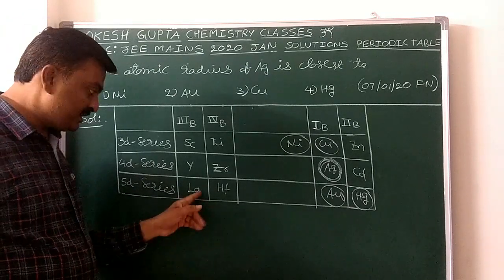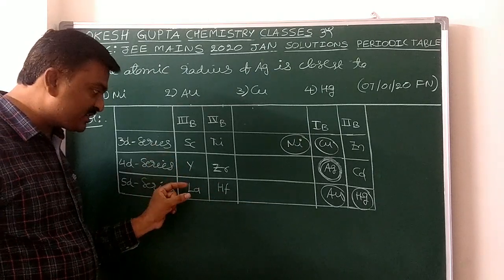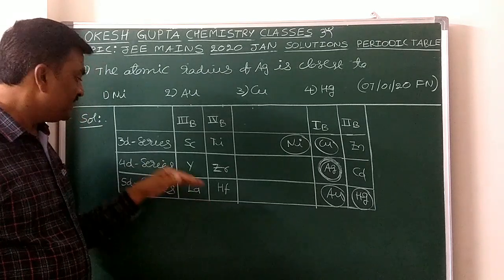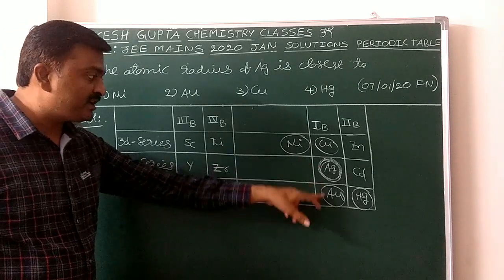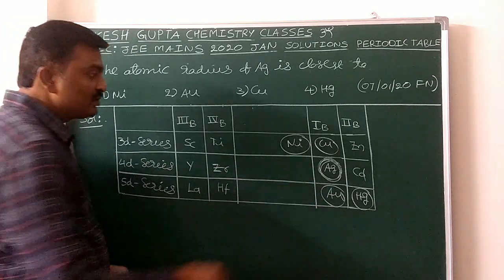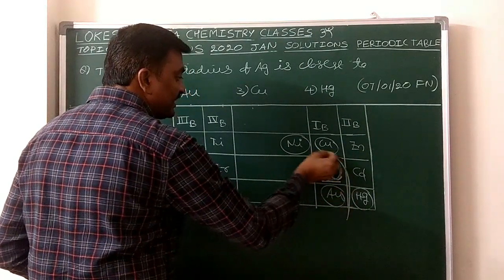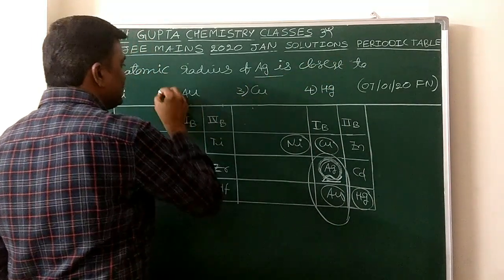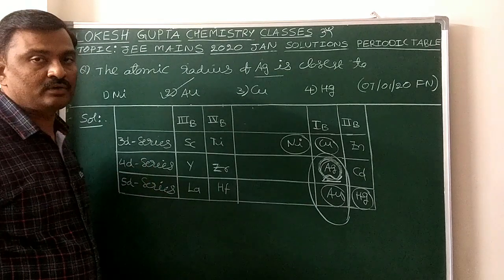Because of that lanthanide contraction, in a group of the d block, 4d and 5d series elements have nearly equal atomic radius. So mercury and gold have nearly equal atomic radius. So the atomic radius of silver is close to gold. So the answer is gold.